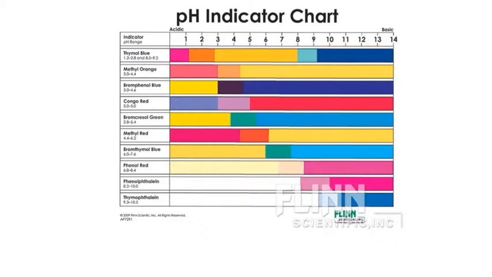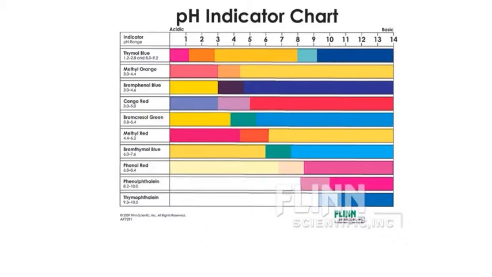Now, the good thing about a pH indicator chart is that the different colors tell you what type of substance you have. Now, if we look at our indicator chart, some indicators have more color changes than others. So if we're looking at thymol blue, right, we have a fuchsia, we have orange, we have yellow, we have light green, and we have light blue.